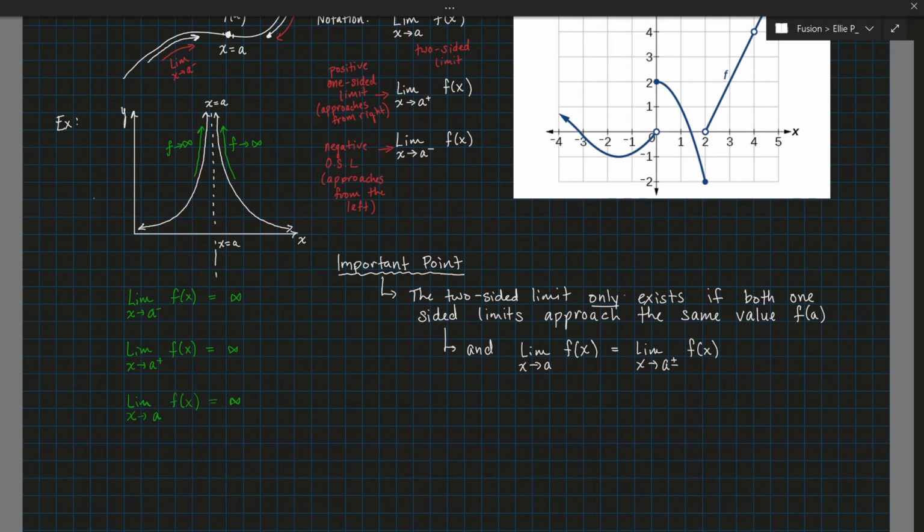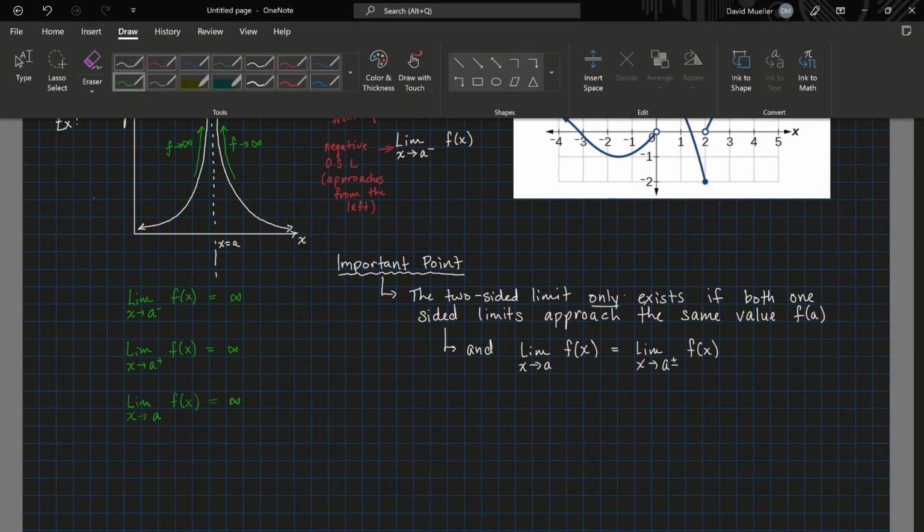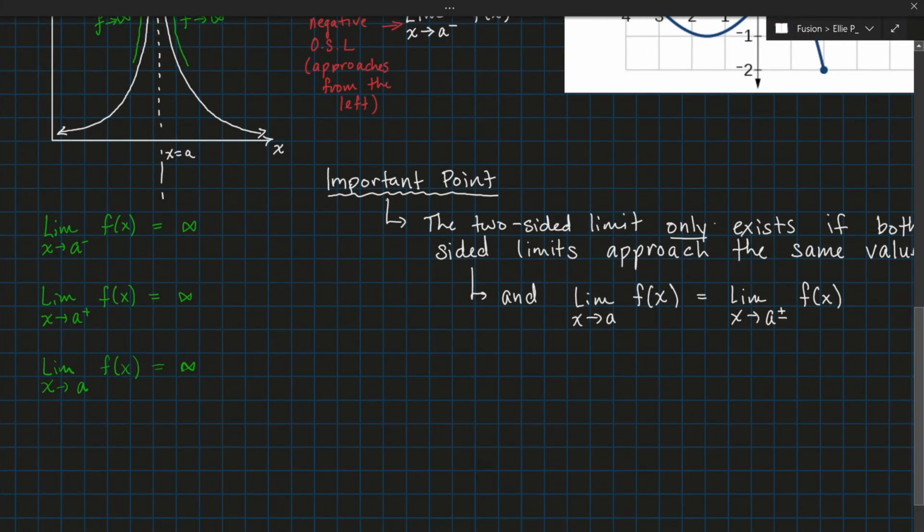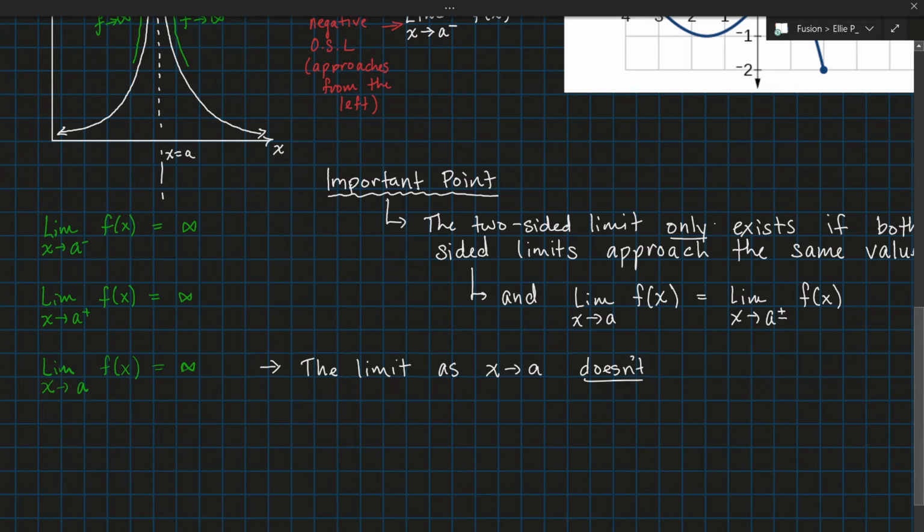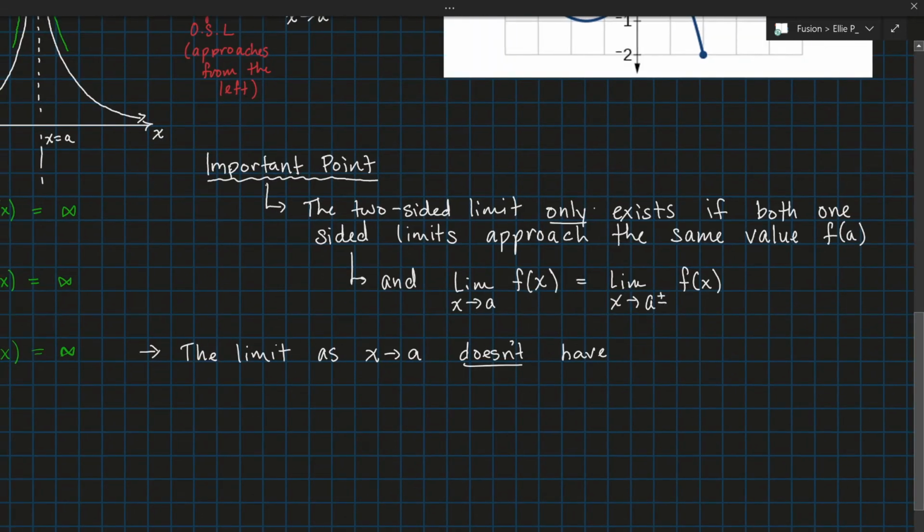And the important thing to note here is the limit exists even though the function doesn't exist at that point, as long as it approaches the same point from both sides. And not only is that the case, but the limit as x approaches a doesn't have to equal f of a.